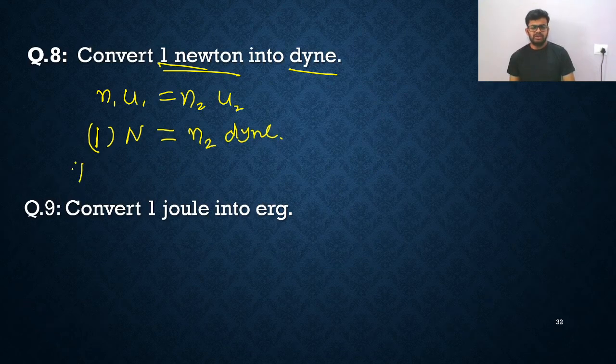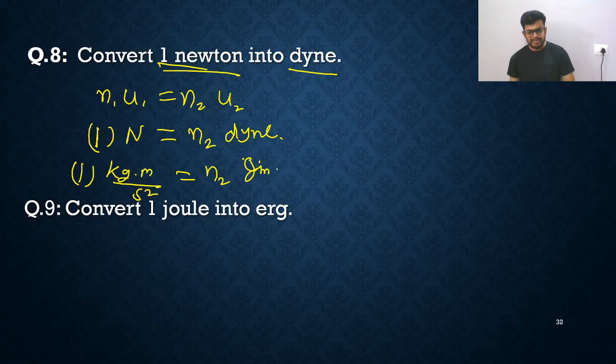1 Newton means kg meter per second square. All of you know that. And for N2 you will write gram instead of kg, centimeter instead of meter, and per second square. You can convert kg into gram: kilogram is 10 raised to 3 gram.